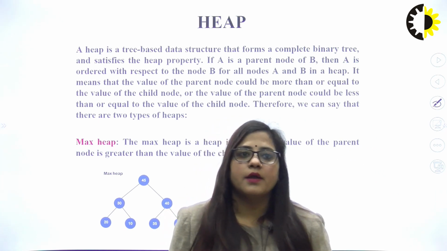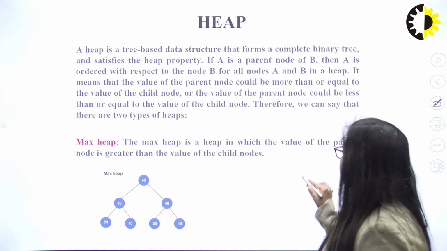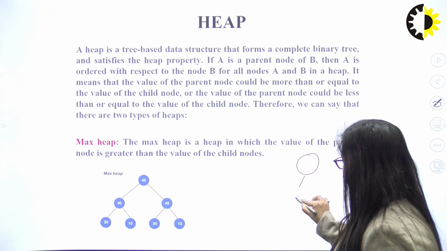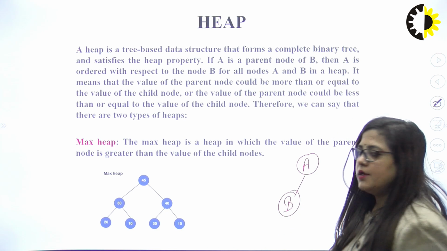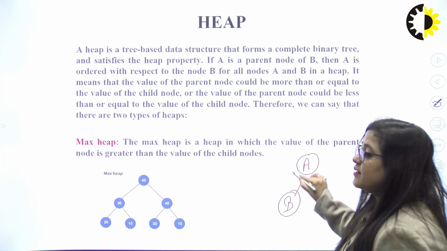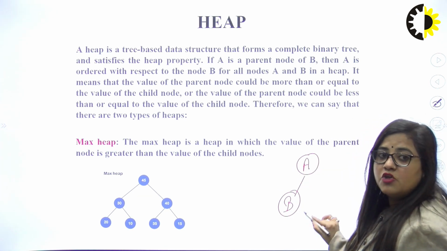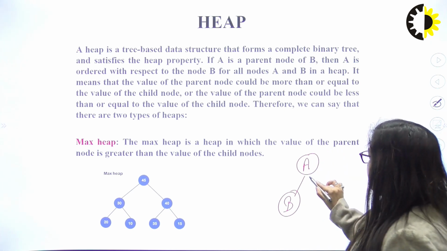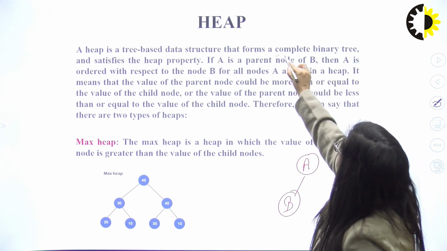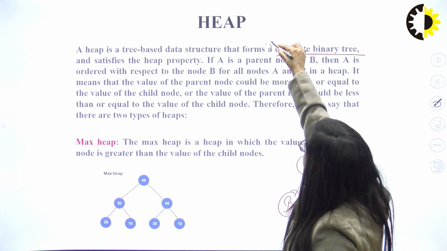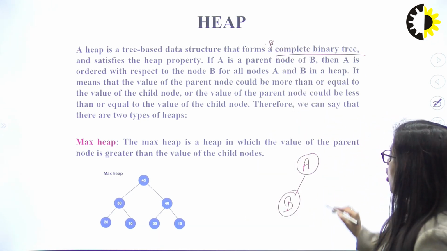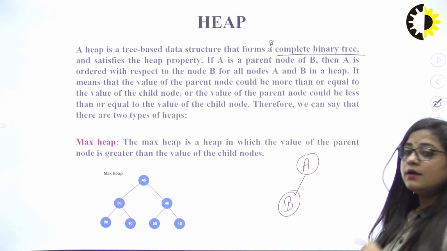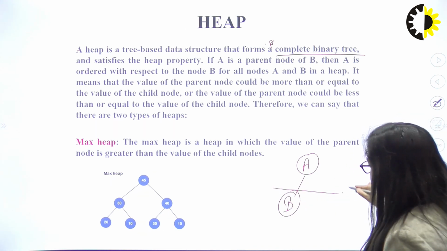Let's suppose here is an example as a tree. A is the parent, B is the child. So A is the parent of B and B is the child of A. It works on a complete binary tree, almost complete binary tree. Almost complete binary tree means all levels are filled and leaf nodes may be accepted here.